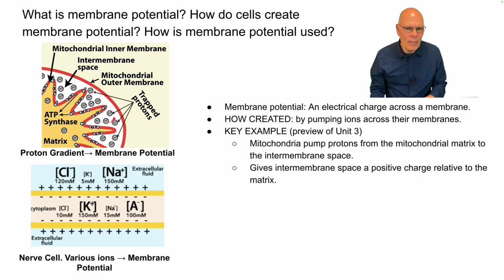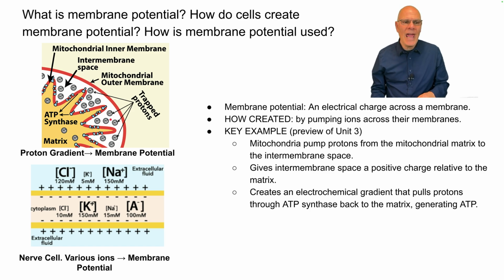That gives the intermembrane space a positive charge relative to the matrix. It has all these protons inside of it. And that creates an electrochemical gradient, a voltage difference. And that pulls protons through this channel, it's called ATP synthase, back into the matrix, and that powers the creation of ATP.